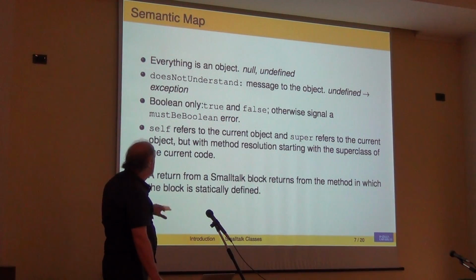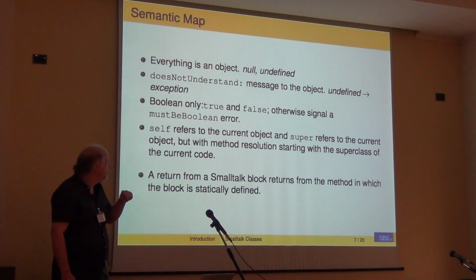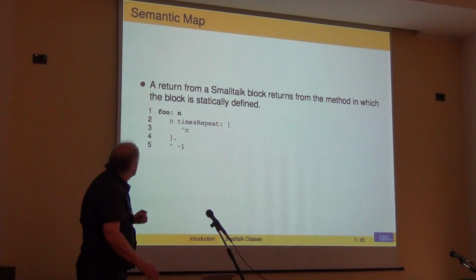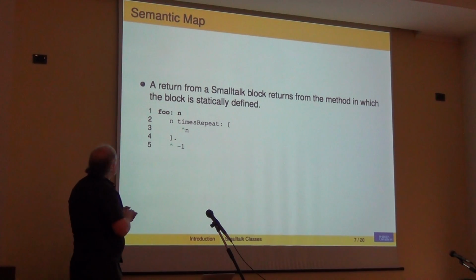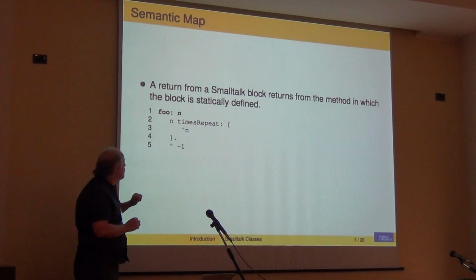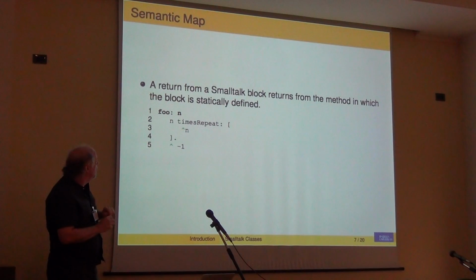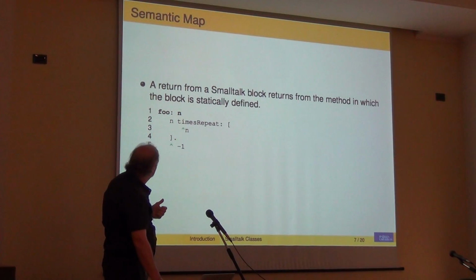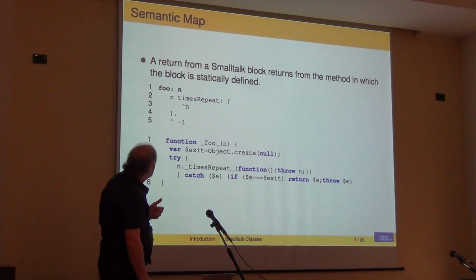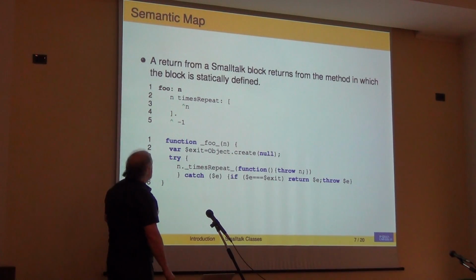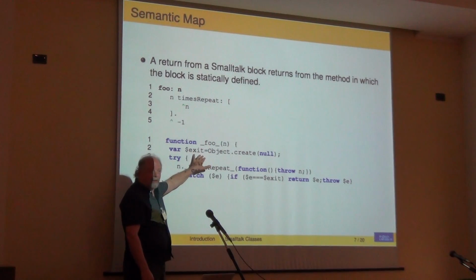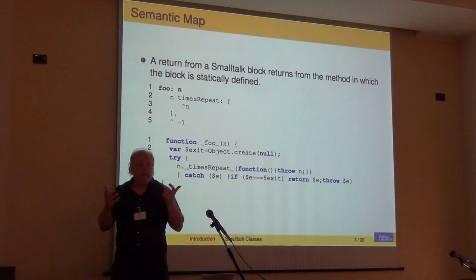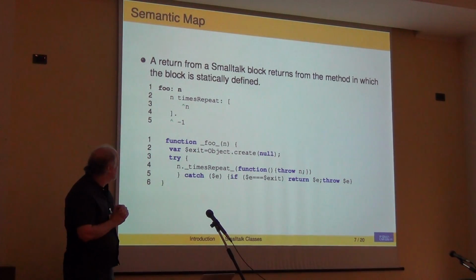And return from a Smalltalk block returns from the method in which the block is statically defined. And that's a bit of a challenge, but here's how you do it. Here's a Smalltalk block that returns n, and that n should be returned from foo. And here's how you do it in JavaScript. Basically, you create a value, which is an object that is brand new in the system and can't possibly exist anywhere else.